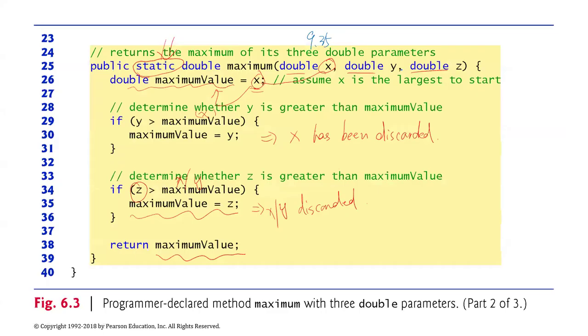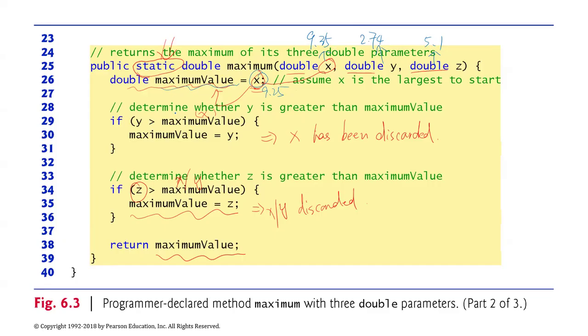And y is 2.74. And z is 5.1 here. Okay, now we have x, y, z, and they correspond to 3 different values. Here we initialize x as the maximum value. So currently maximum value is 9.25, right?